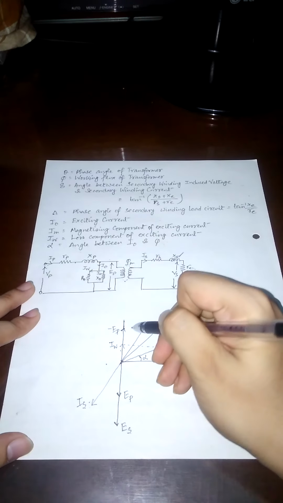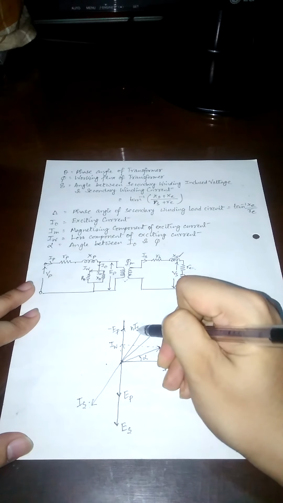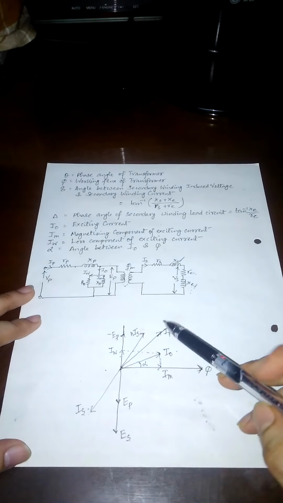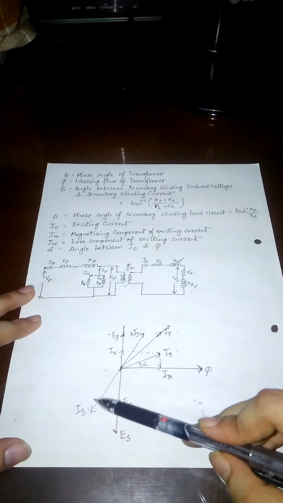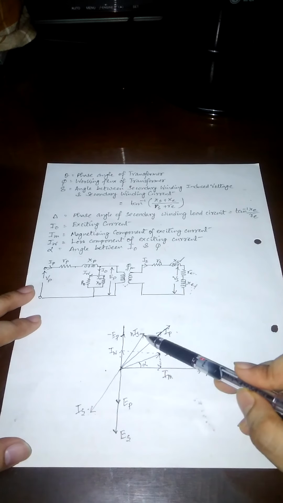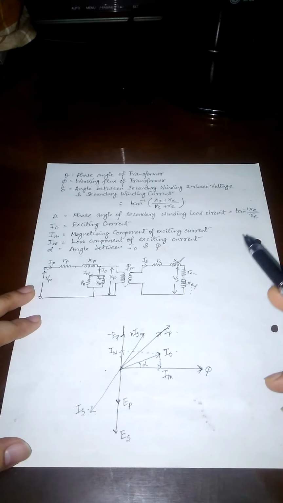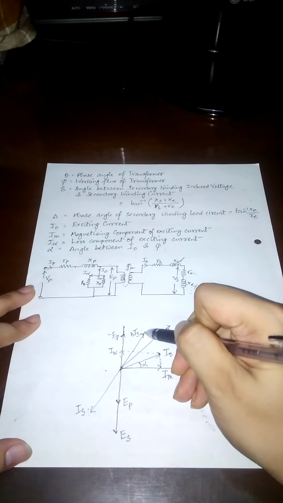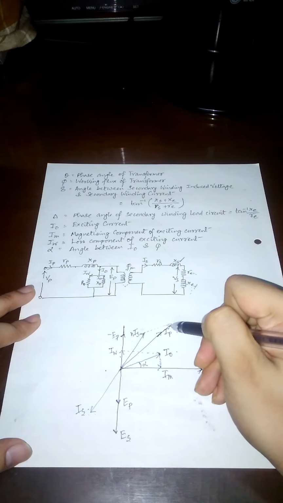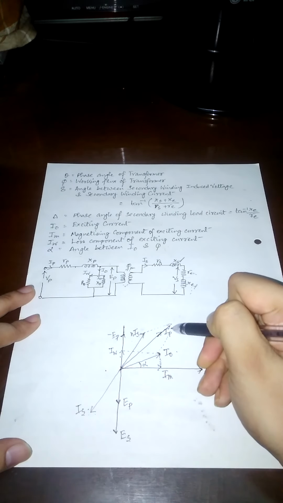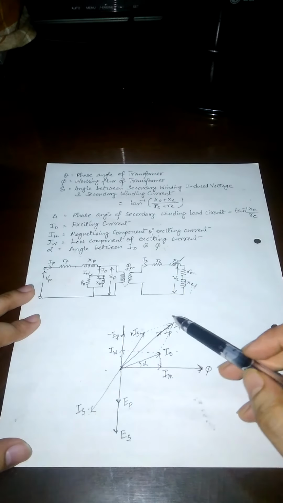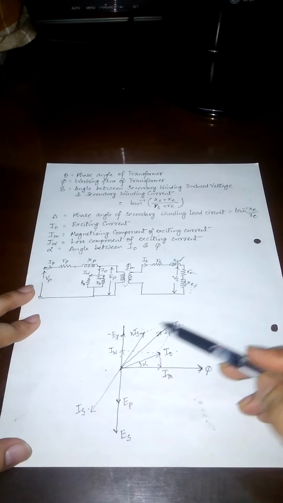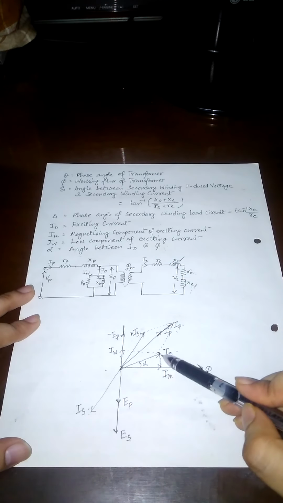We can write it as NIS, that means the number of turns N and IS, the secondary current. Actually this is the reverse phasor of the secondary current, NIS. Now obviously this can be joined as a parallelogram. So this is IP, this is NIS, and that is I0.